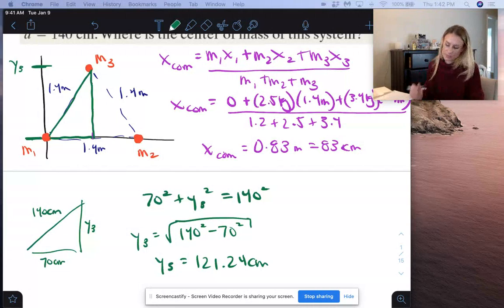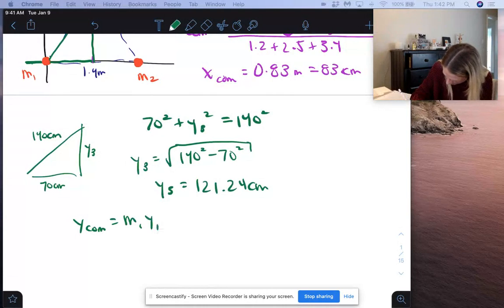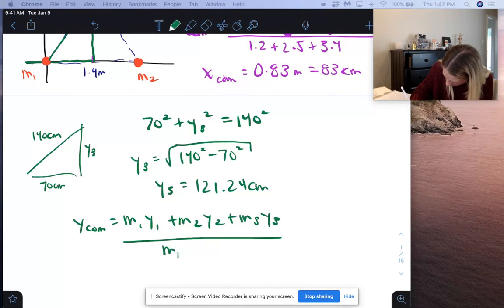So now we can use our center of mass equation in order to find the y-coordinate of the center of mass. The y-coordinate of the center of mass will be equal to mass 1 times y1 plus mass 2 times y2 plus mass 3 times y3, divided by mass 1 plus mass 2 plus mass 3.